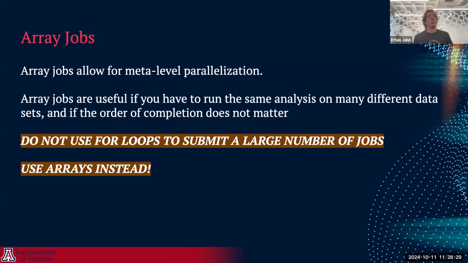That's not what we want to do because that can cause problems for the scheduler when a large number of jobs are all submitted within a very short time frame. So instead, we use arrays because that'll allow the scheduler to figure out where those jobs should go rather than overwhelming it with a large number of requests all at the same time.